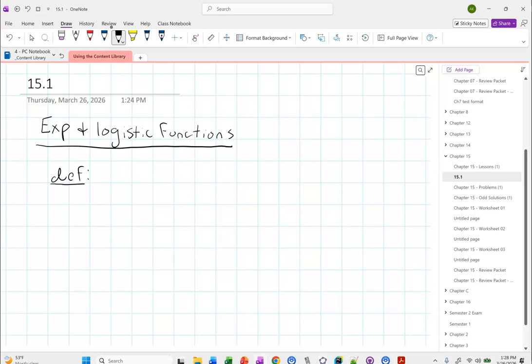Yes, something is printing. Thank you. So an exponential function is something that can be written in the form... Oh my gosh. You're not out there anymore today.